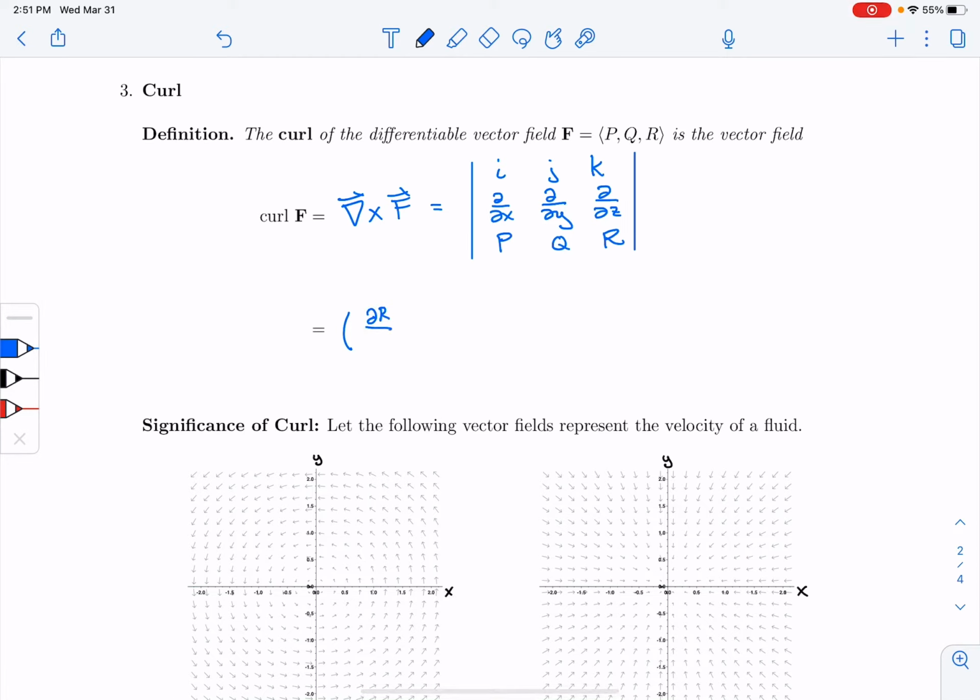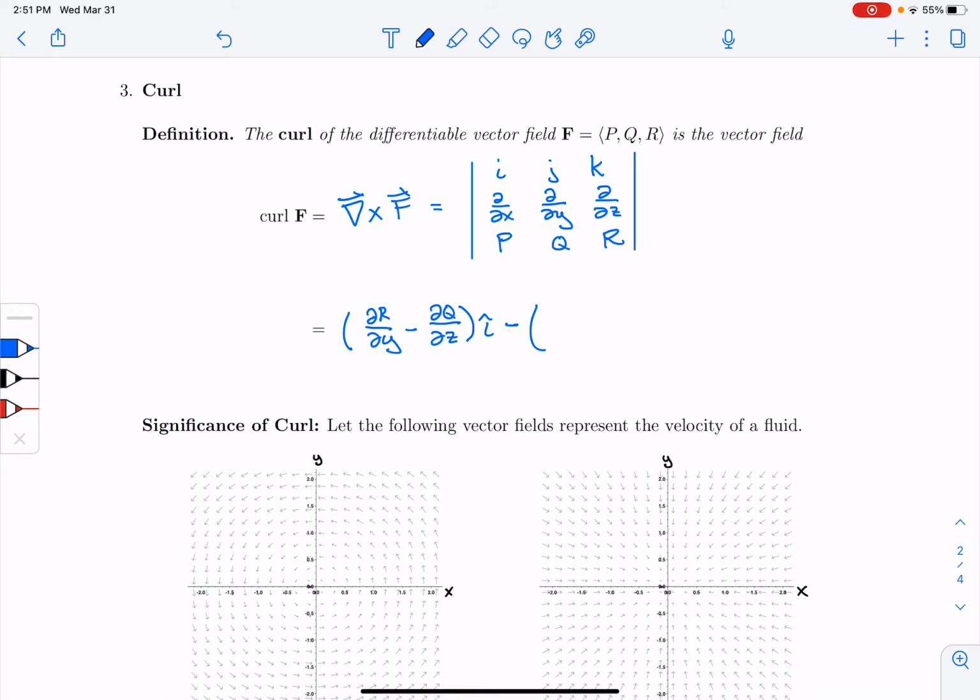dR/dy minus dQ/dz times i, plus, actually I'm going to write this as minus using that cross product.